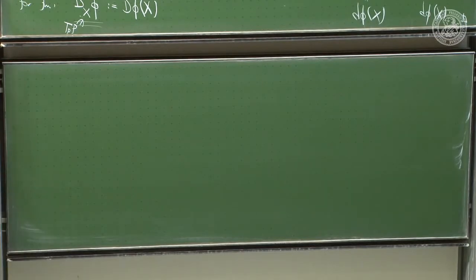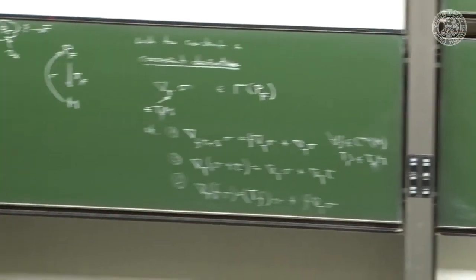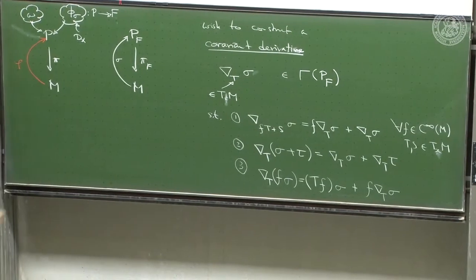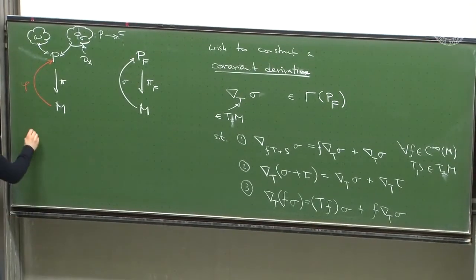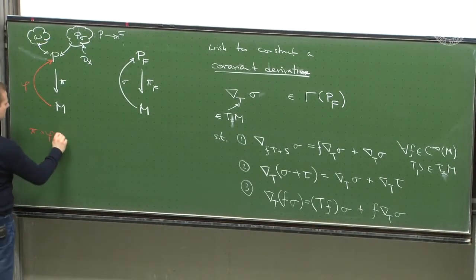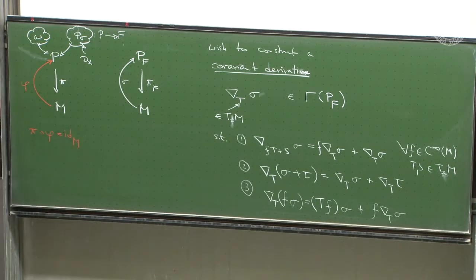And we localize the whole thing by introducing on our principal bundle a section, little phi. So pi after phi is the identity on M, in order to locally trivialize the bundle.